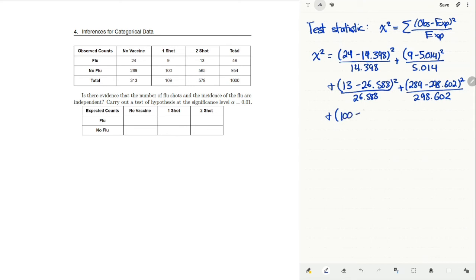We expect 103.986. And lastly, we have the 2 shot and no vaccine, which is 565 observed, and we expect 551.412, squared, over the expected.